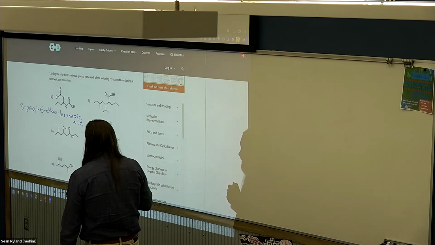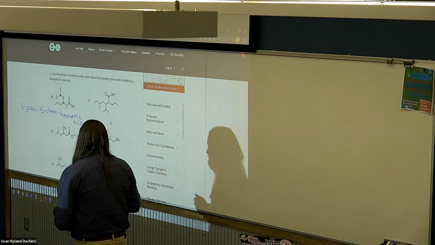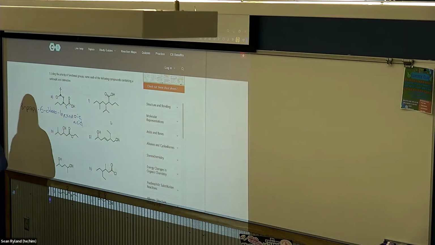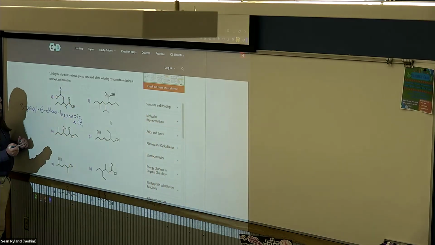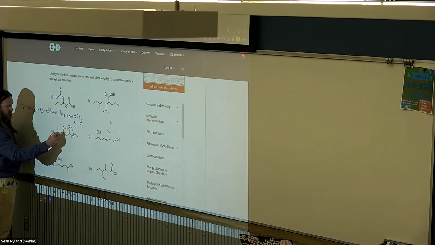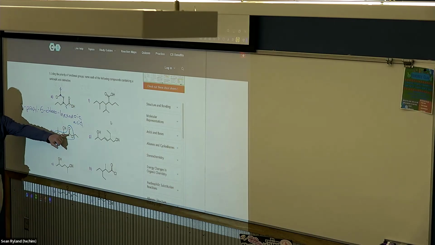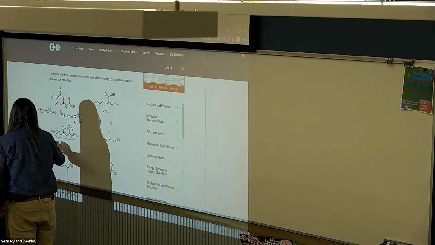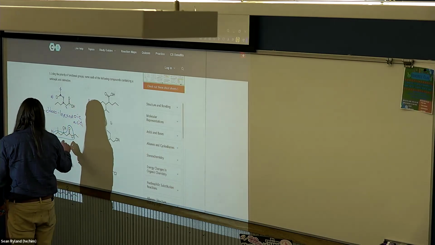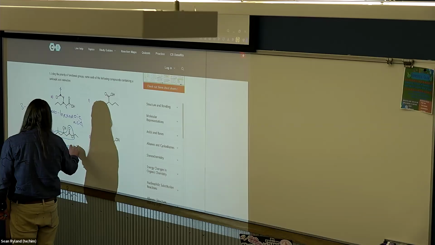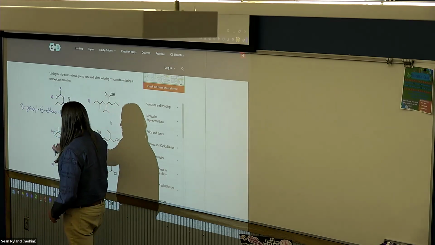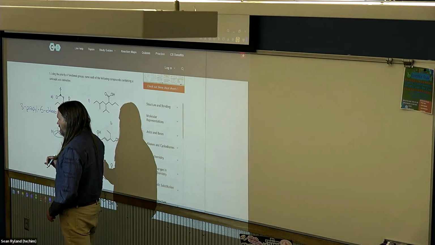Okay, where do you want to go next? Down. Down? All right, what's our parent molecule? So 1, 2, 3, 4, 5, 6. So it'd be hexanoic again, except what type of functional group is it? We're going to end in oate.